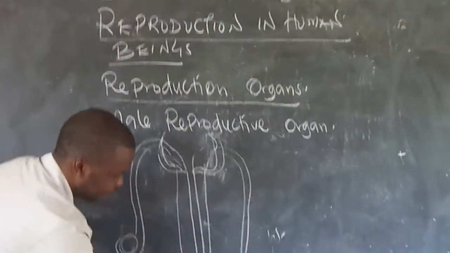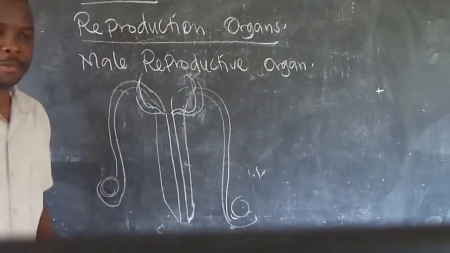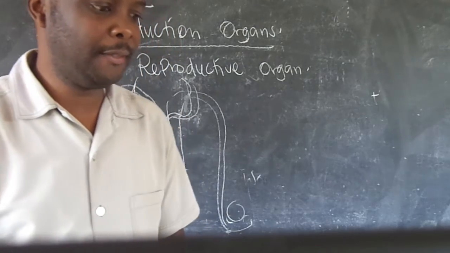Now that's a rough sketch of the male reproductive organ. Now can we label the male reproductive organ?